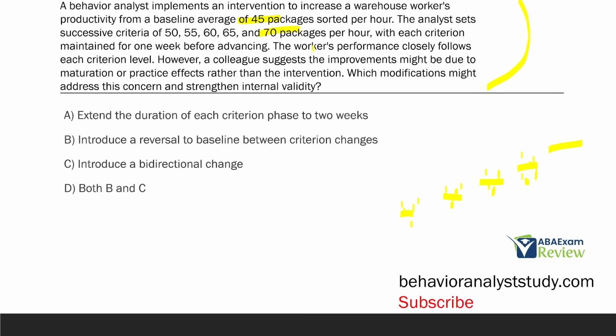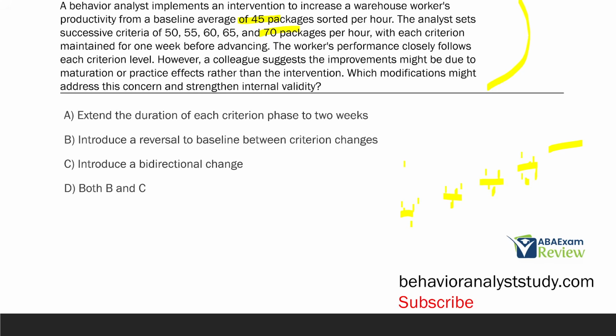However, the colleague smartly suggests, hey, improvements might be due to maturation or practice effects rather than the actual intervention. So what we're checking for is internal validity and some sort of experimental control. Now with a changing criterion design, how do we check for experimental control? And that's really the question you're asking yourself.